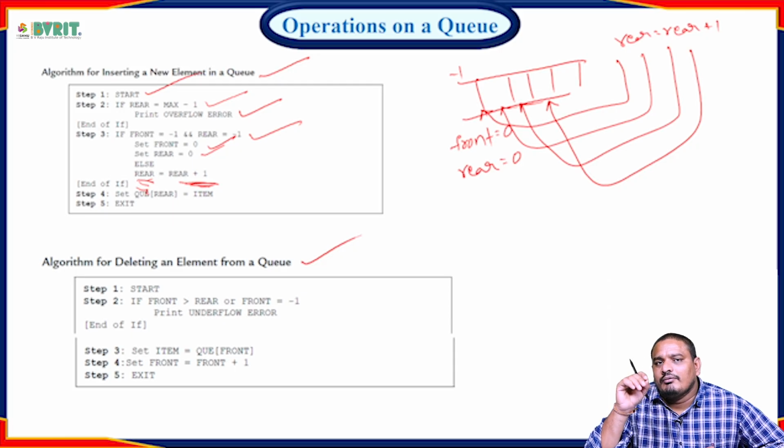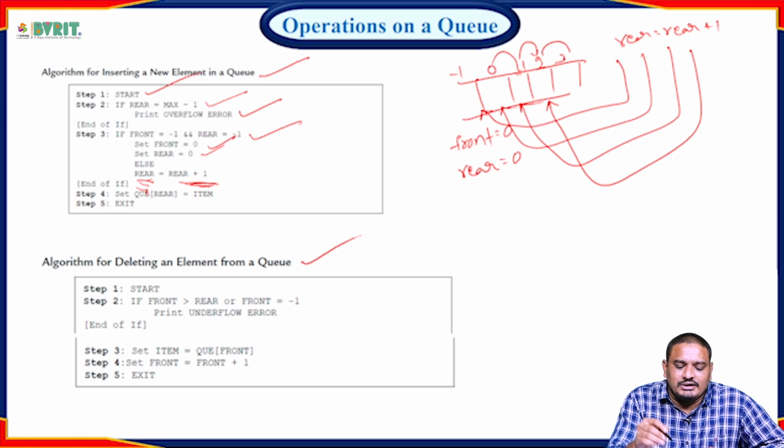Every time we insert an element into the queue, the rear is incremented by 1. With front and rear at 0, we insert an element and the position changes from 0 to 1. Next time a value is inserted, the position changes from 1 to 2. Whenever we insert another element, the position changes from 2 to 3. Like this, rear equals rear plus 1.